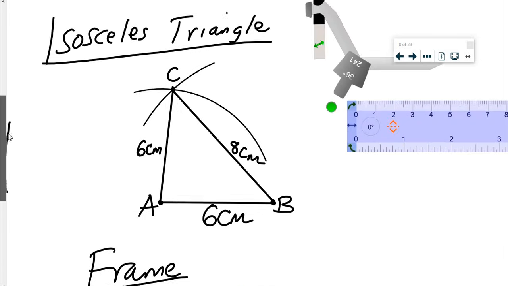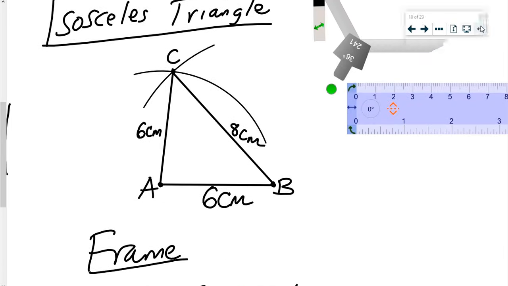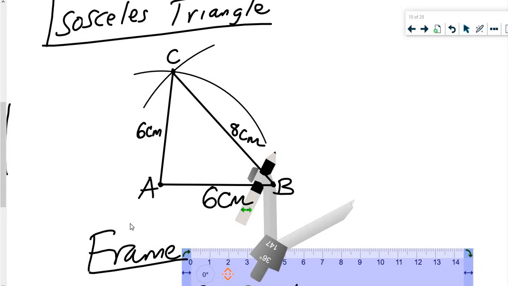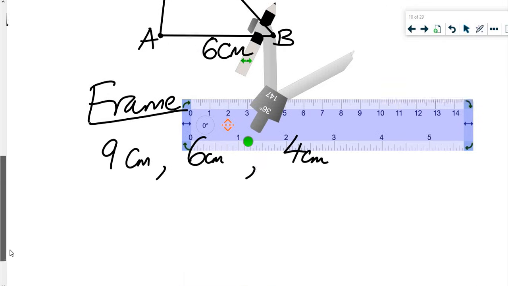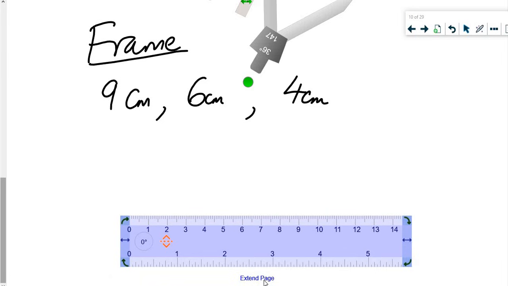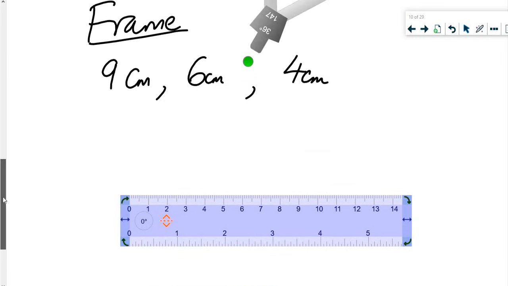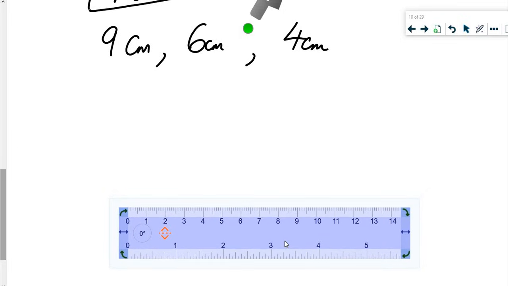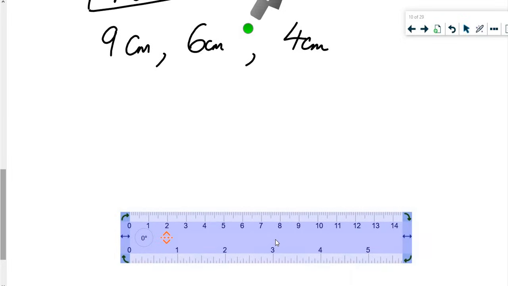Now, like how I said before, you follow the same steps. Take your scale, take your compass. Step number 1 is to measure 9 centimeters using your scale.